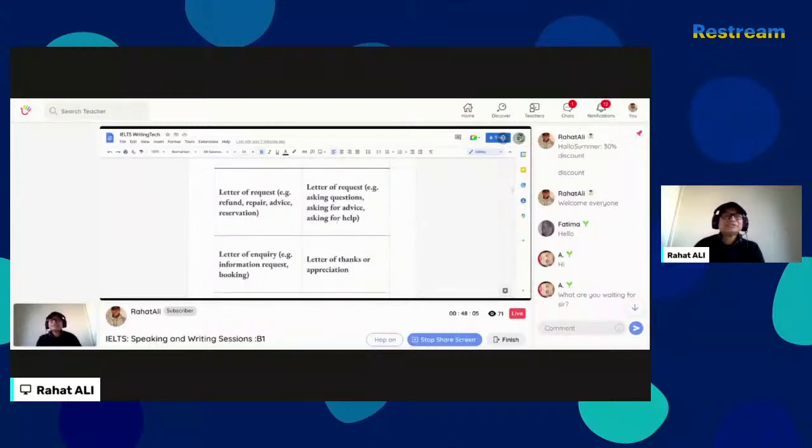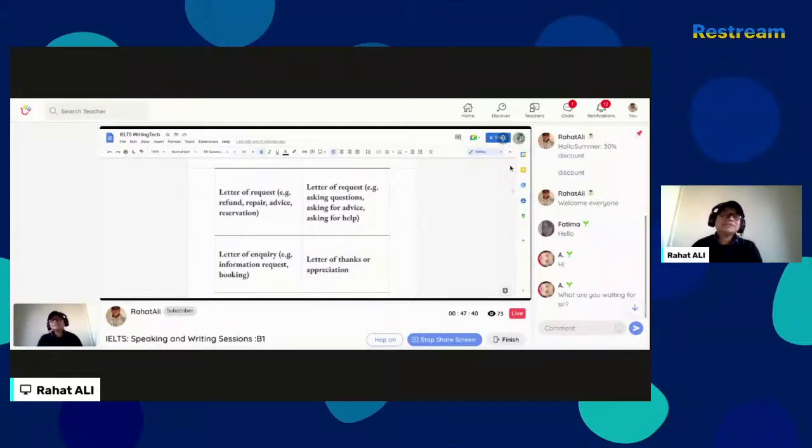Then the second category of letter is formal: letter of request, refund, repair, advice, reservation. Next one in informal, asking questions, asking for advice, asking for help.